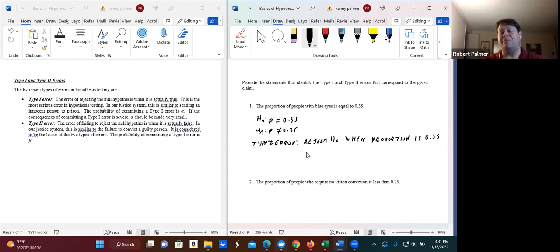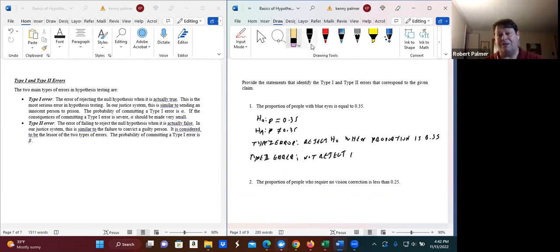That would be the type 1 error. That would be the worst error to make. Then the type 2 error would be to not reject H0.